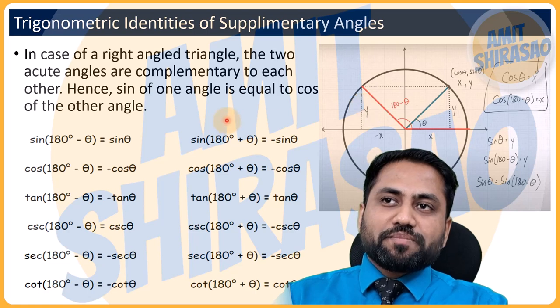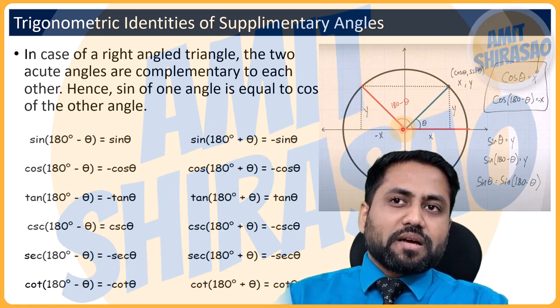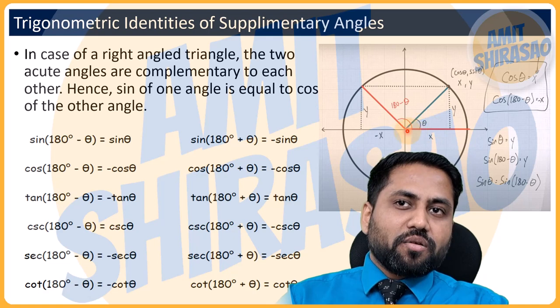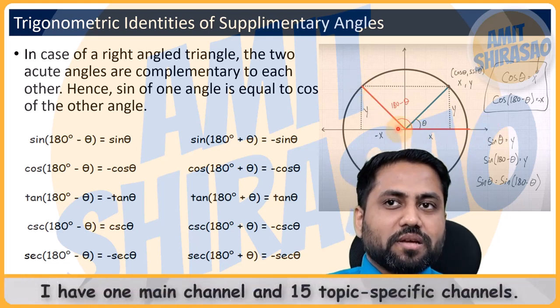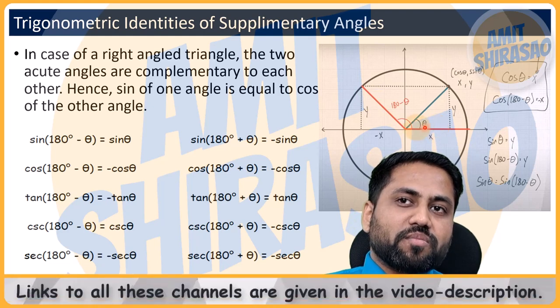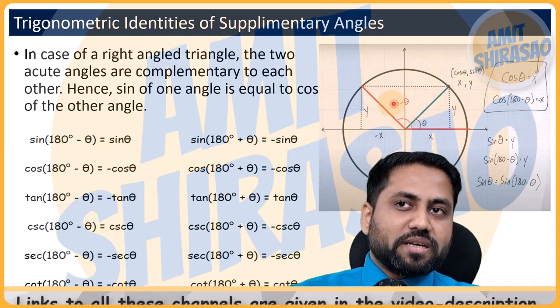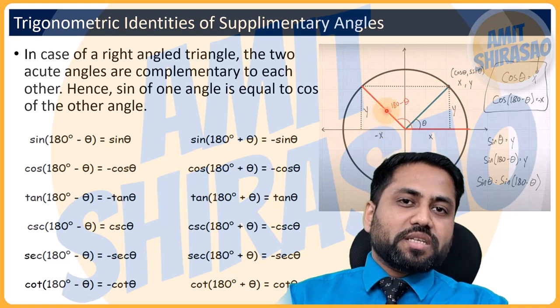So how will you do that? Suppose this is a diagram, or there is a circle. I am drawing one line which makes theta degrees angle with the x-axis, and I am drawing another line, this red one, having an angle with x such that the red one's angle plus the blue one's angle add up to make 180 degrees.